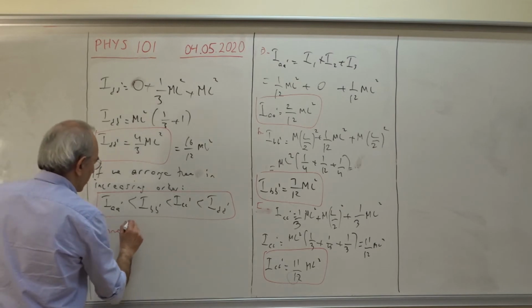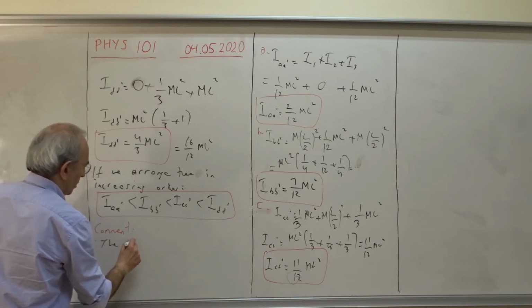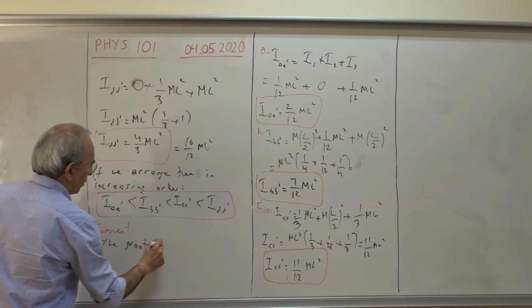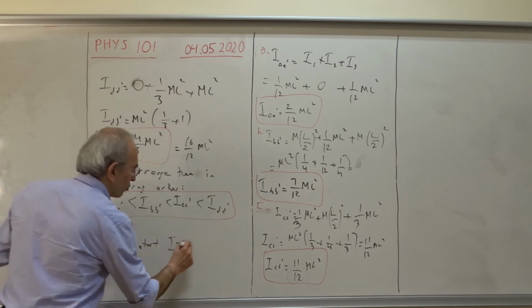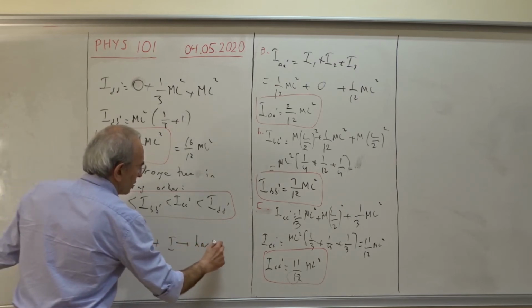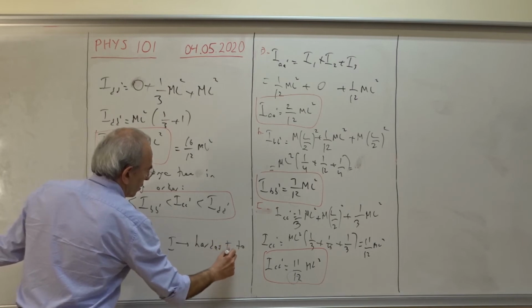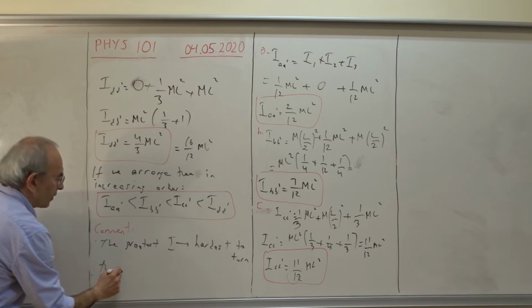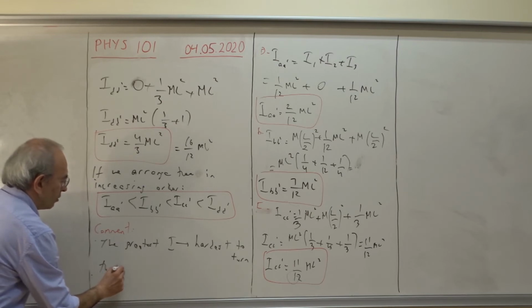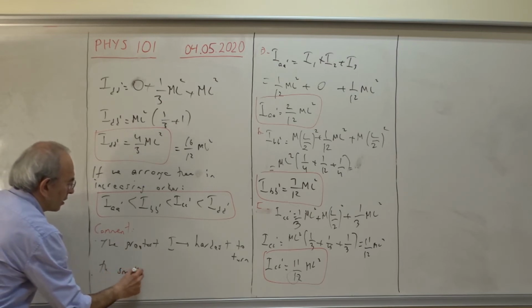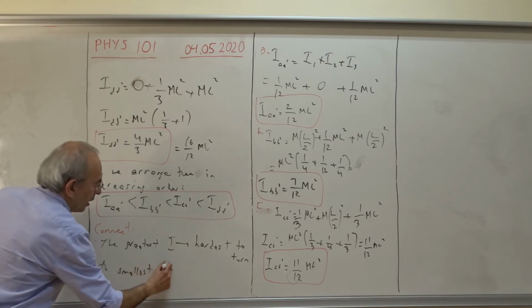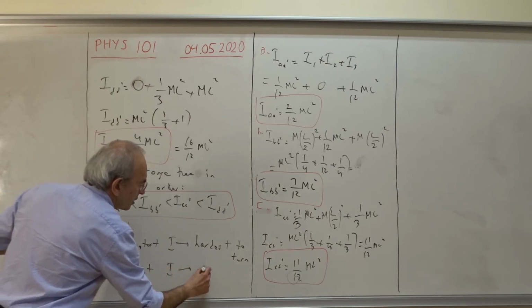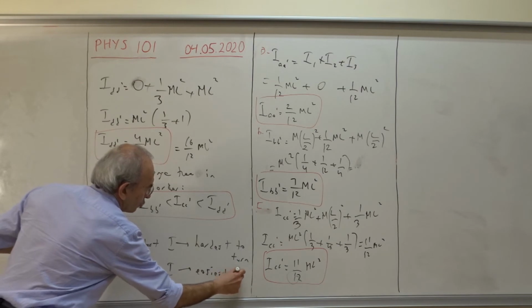The greatest inertia corresponds to hardest to turn. The smallest I, easiest to turn.